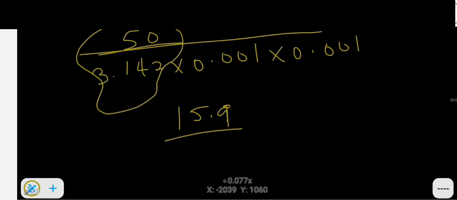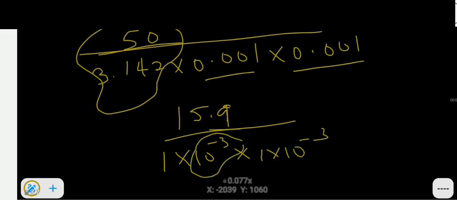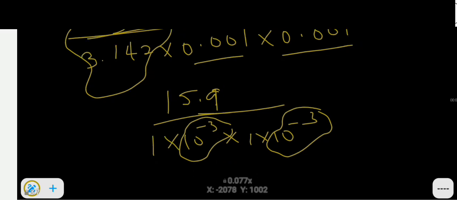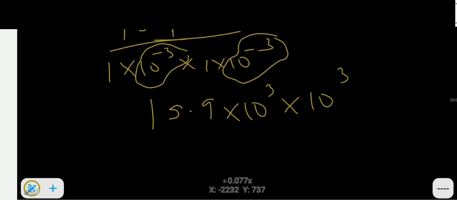Now 0.001 can be written as 1 times 10 to the power minus 3, and this second one too, the same thing. So just take them to the numerator. When they get there, their signs will change to plus, so it will not be negative 3 again, it will just be 3. So you're going to get 15.9 times 10 to the power 3 times 10 to the power 3. Use indices for this part.